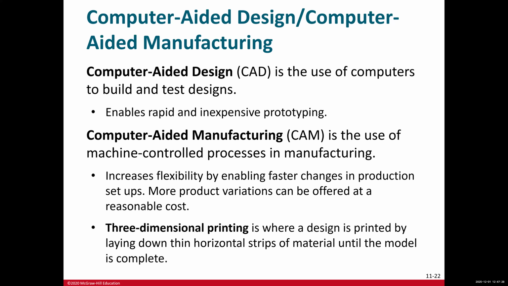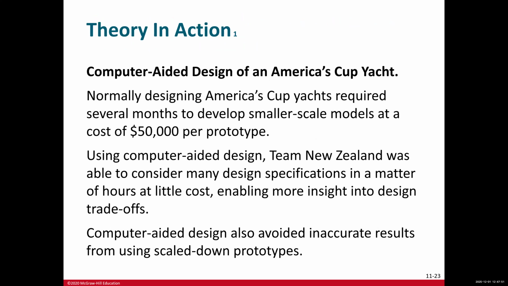They can test designs with rapid and inexpensive prototypes. And for CAM, they can increase flexibility. They can modify changes faster in the production setup. And 3D printing, which we can see nowadays, is very, very amazing.